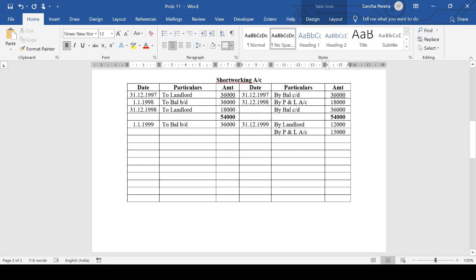Here you'll have a balance carried down. So the total here is 36,000. So by balance carried down will be 36 minus 27, that is 9,000.